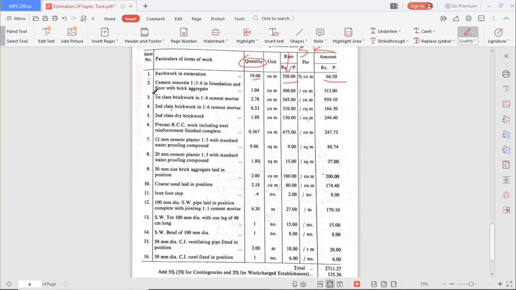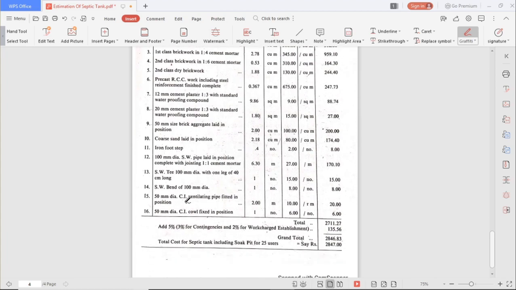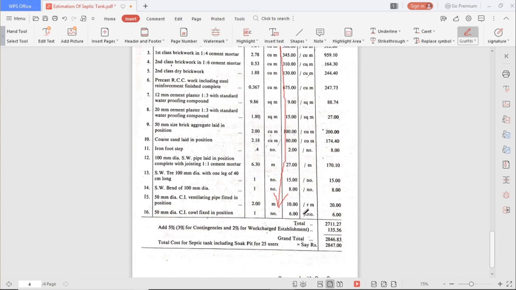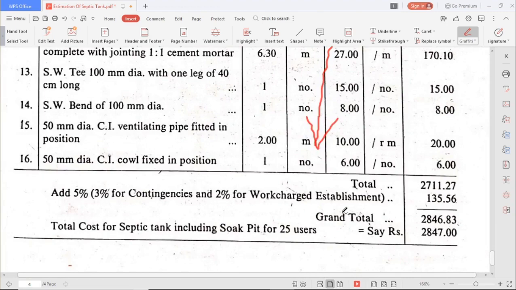Earthwork was there, next cement concrete, then brickwork, second class brickwork for soak pit, then dry brickwork, then precast, then cement plastering, then 50 size brick aggregate, then coarse sand, iron footsteps. All the quantities which we calculated, we have the respective rates in the SR book given by the PWD department in your local authority.